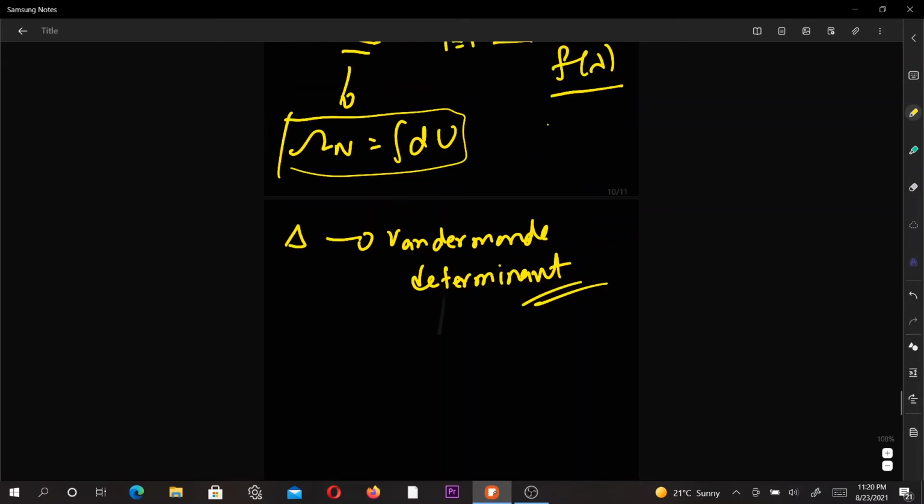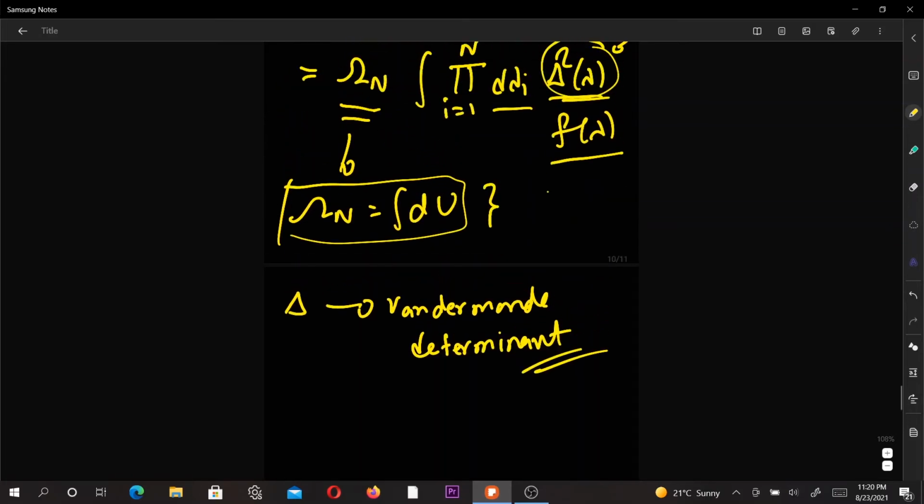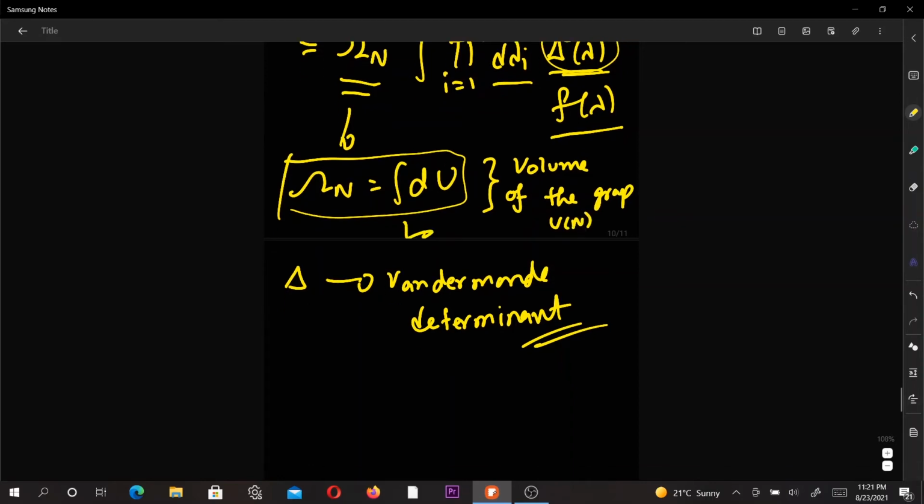Also, for those who know a bit of group theory, this is just the volume of the gauge group, the group U(N). For others, it's just treated as a normalization factor. Those who know, this is just the volume integration over the whole group.